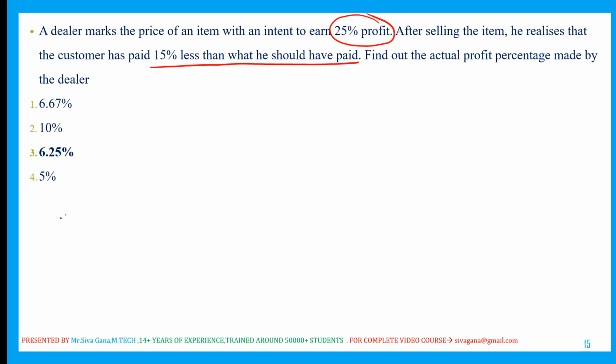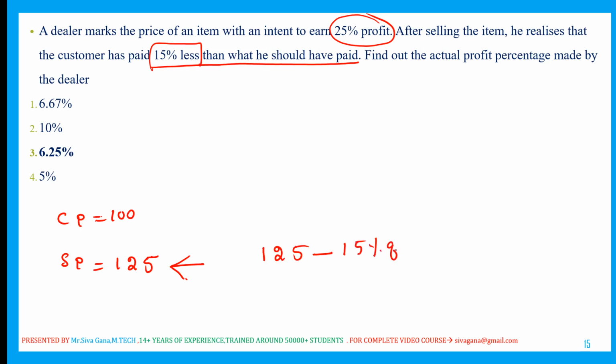Okay. Let us say cost price is 100. It is easy to calculate the things with 100 as the percentages are given. So selling price is how much? 100 plus 25% profit, which is nothing but 125. So the customer has to pay 125, but he paid 15% less, which is 125 minus 15% of 125.